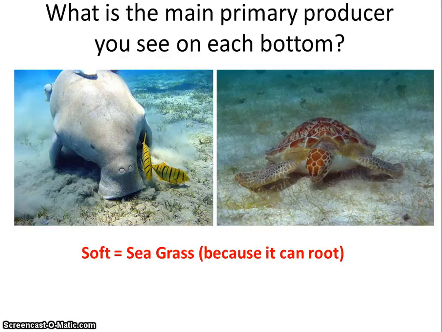They have holdfasts, and holdfasts need to hold on to something. You can't hold on to sediment, and so you can't be on a soft bottom continental shelf. Seagrass is eaten by manatees and turtles and grazers of all kinds, and as a result, these are the types of organisms you see occupying soft bottom continental shelf communities.